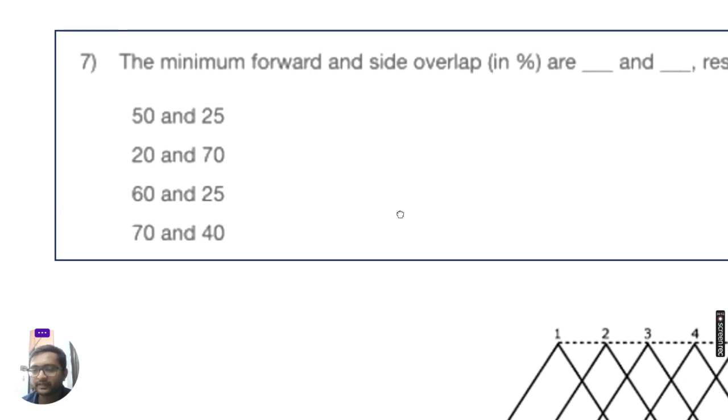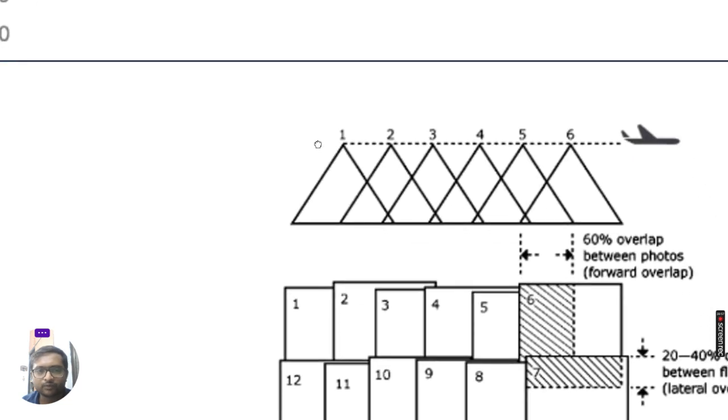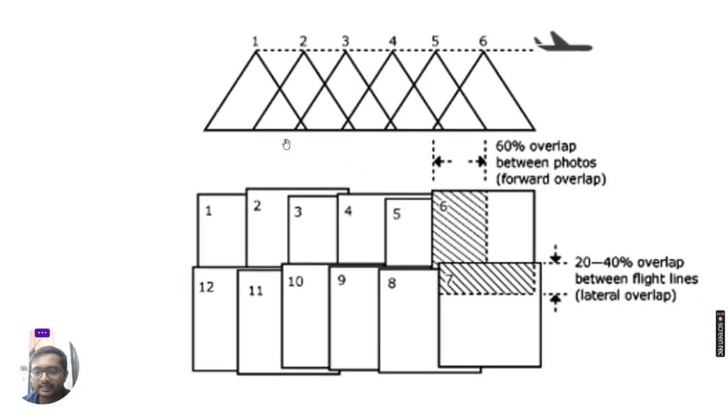Now, first we will discuss these two terms, forward and side overlap, and then their values. When you are taking images through aeroplanes or any kind of camera mounted in the sky, it will move in this direction, which is known as the flight line or flight path.